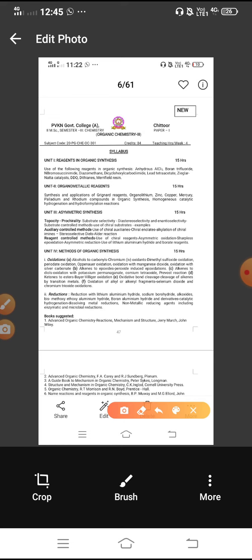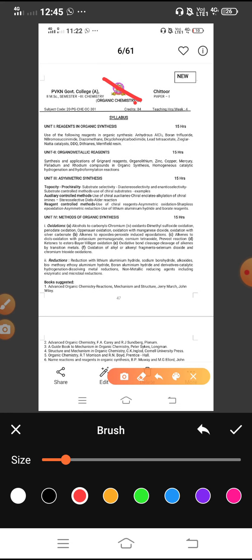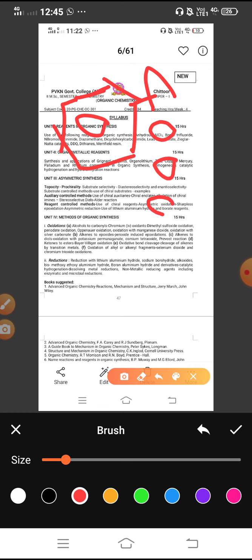See the metachloroperbenzoic acid formula. This is perbenzoic acid, for example COOOH. This is the ortho position, this is metachloro.